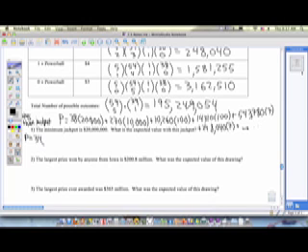So if we did the P from above, 34,112,290.